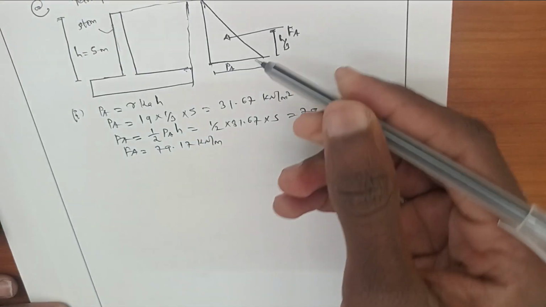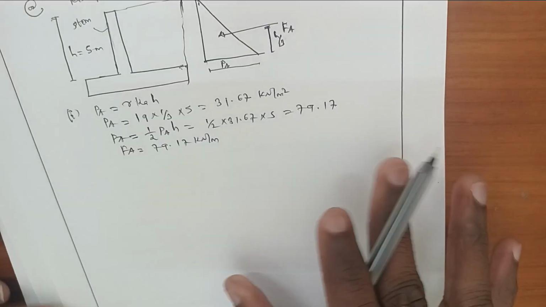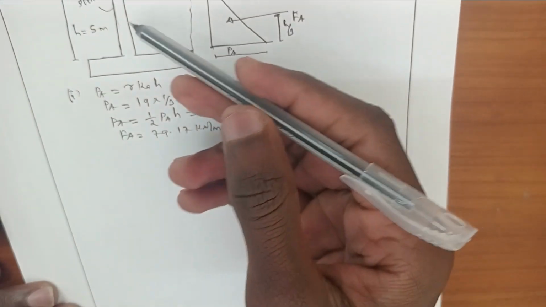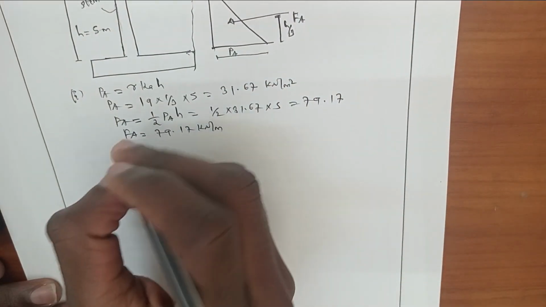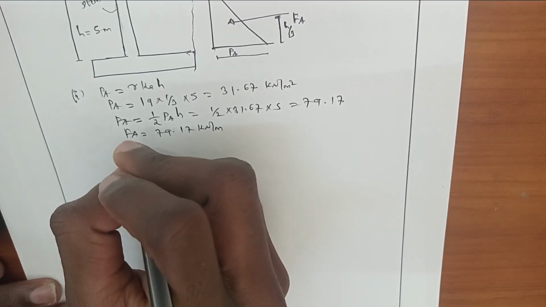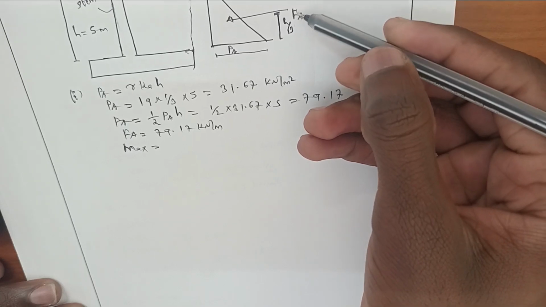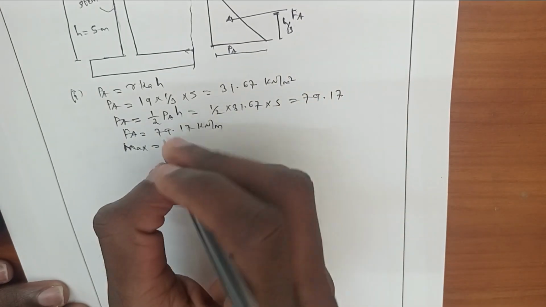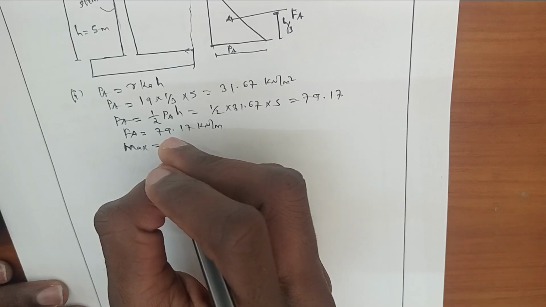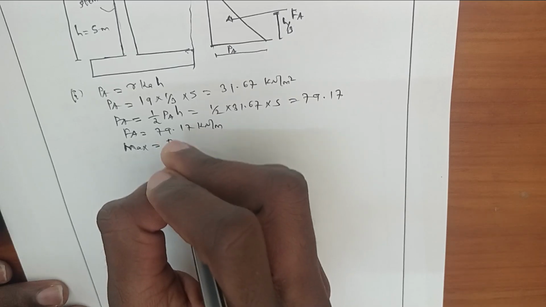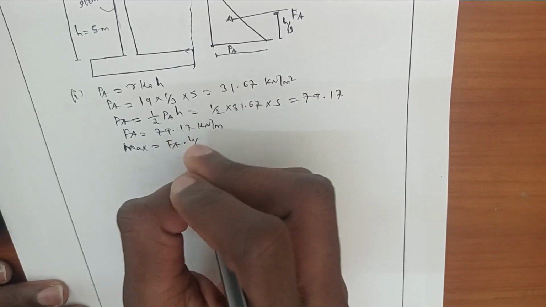Now let's determine the maximum pressure. The maximum pressure for this system, no, the maximum moment. Maximum moment is obtained by taking this horizontal force times perpendicular distance. Horizontal force, which is Fa, times perpendicular distance H divided by 3.